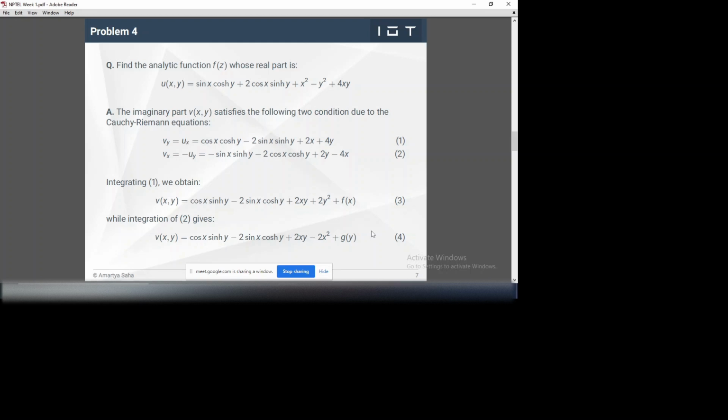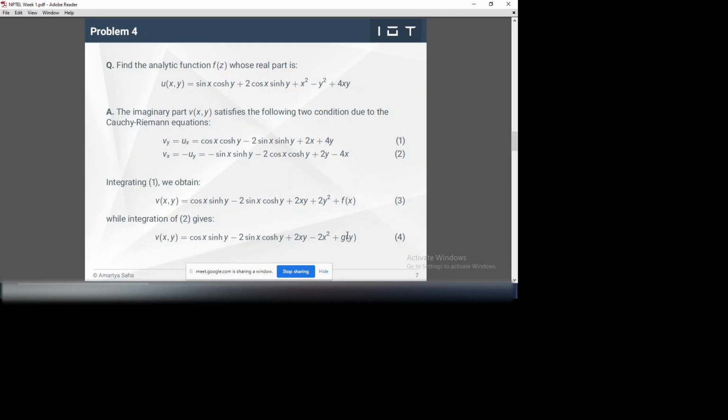Yes, and we see that the fourth terms in both the cases are only functions of x and y. So they are not bivariate functions. They are only functions of either y or x. So that nicely fits in the scheme of this function f(x) and g(y).